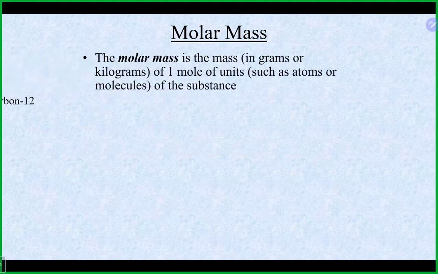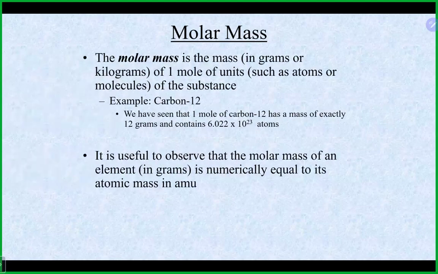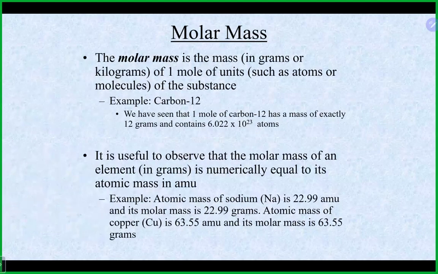Now, probably the most important conversion factor that you'll use the most is molar mass. To be honest with you, you'll use molar mass more than you'll use Avogadro's number. Molar mass is really the starting point for a lot of calculations that we do in chemistry. It's our ending point for calculations as well.